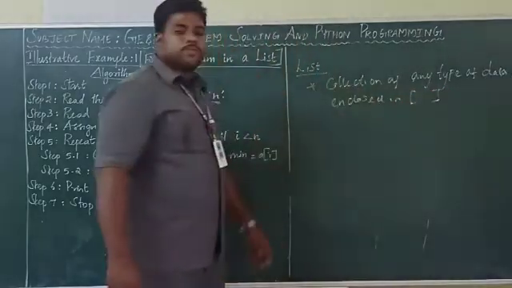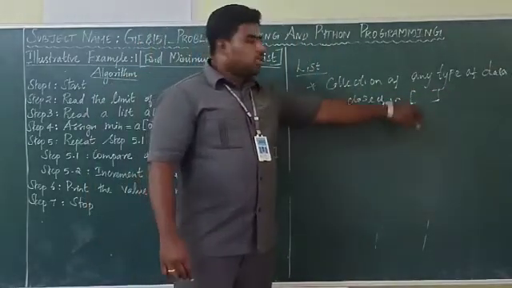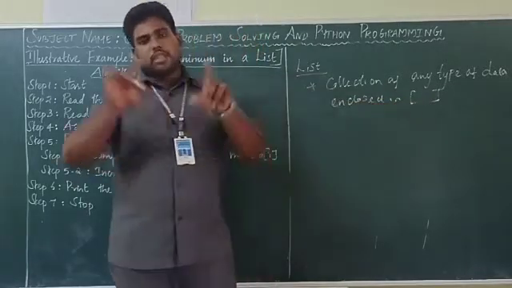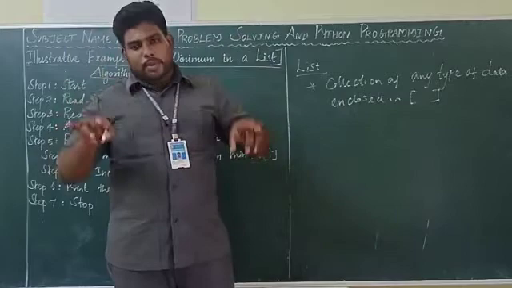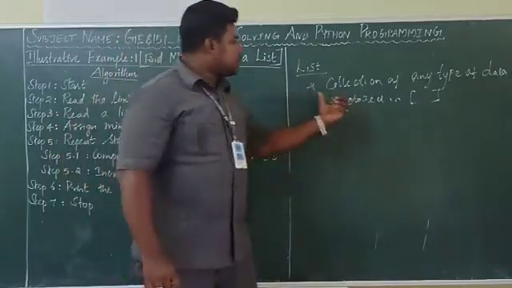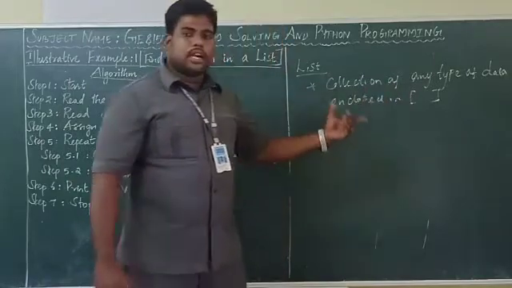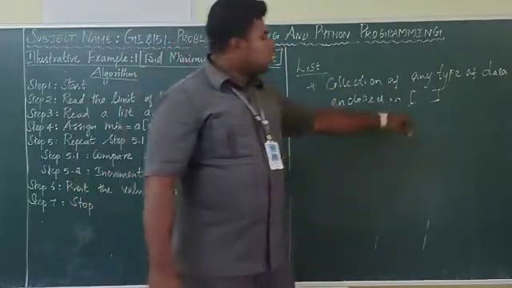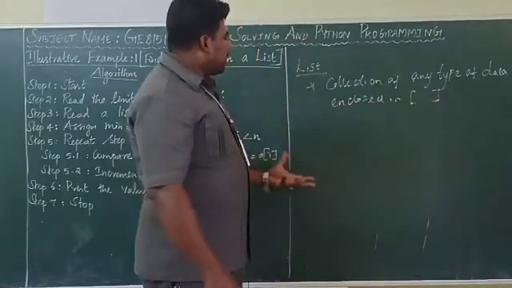This is the list. In your Python programming, if you use this symbol, it denotes a list. That is, open square bracket and closed square bracket. So it is a collection of any type of data enclosed in open and close brackets. So what's the meaning of this?